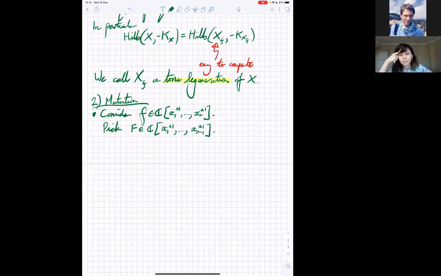And let's suppose that, after making a monomial change of basis, we can write our original Laurent polynomial in this format.